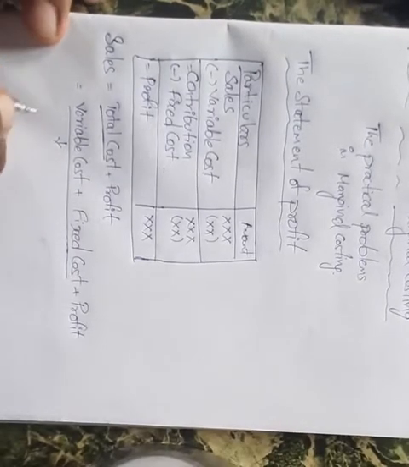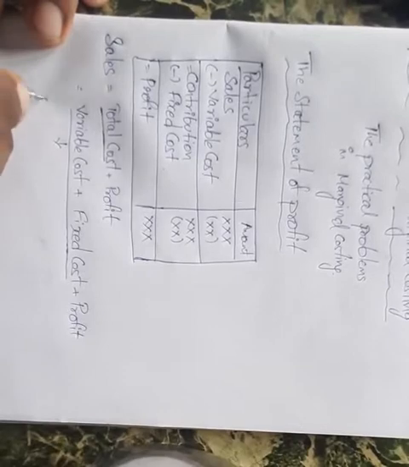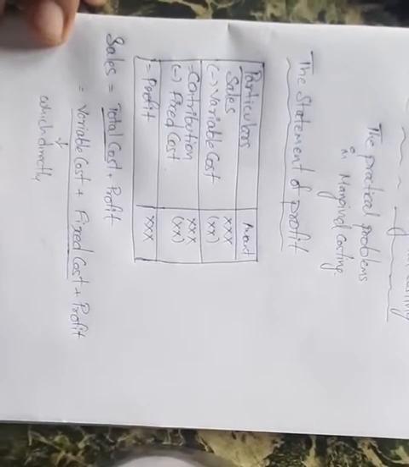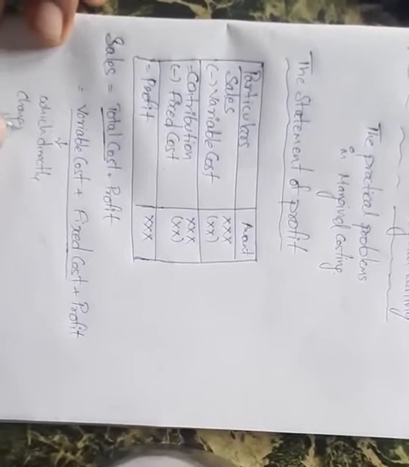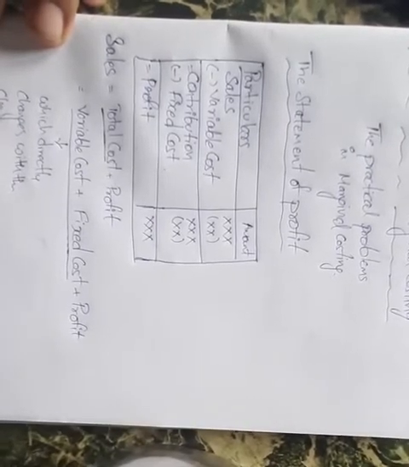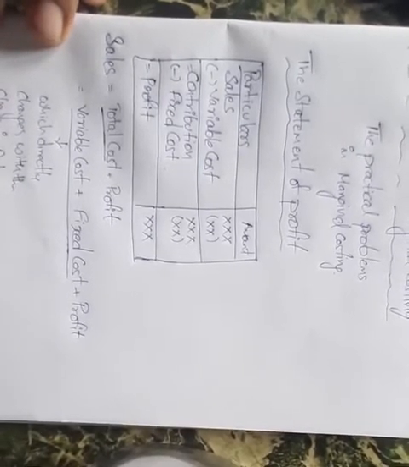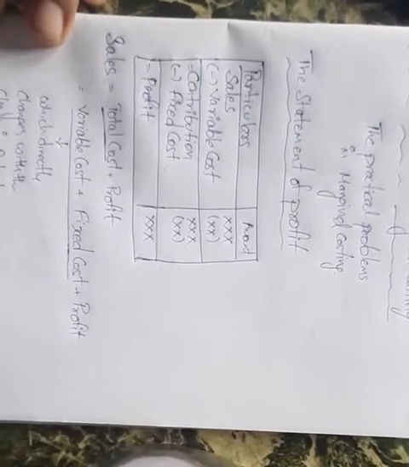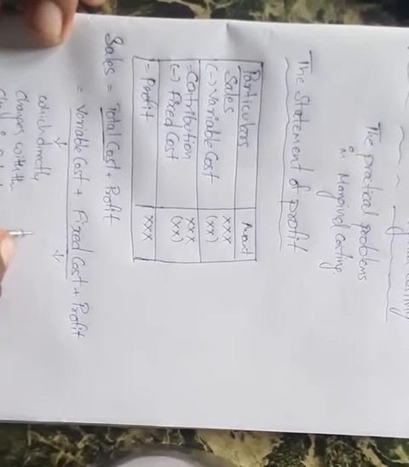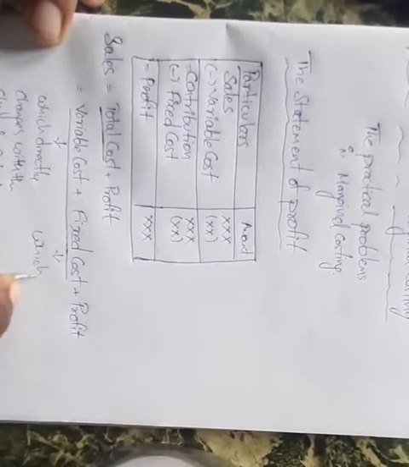Variable cost is such cost which directly changes with the change in output, whereas fixed cost is a cost which is constant.